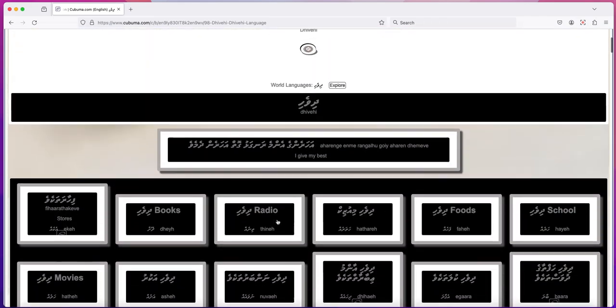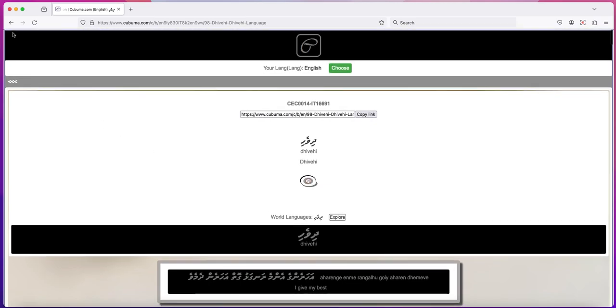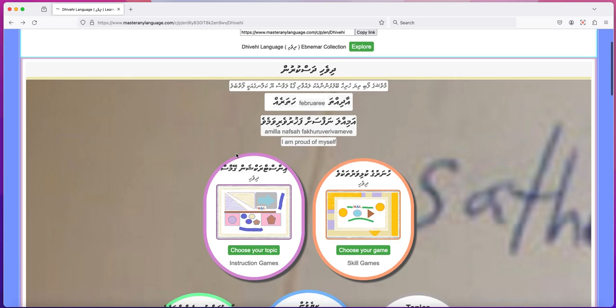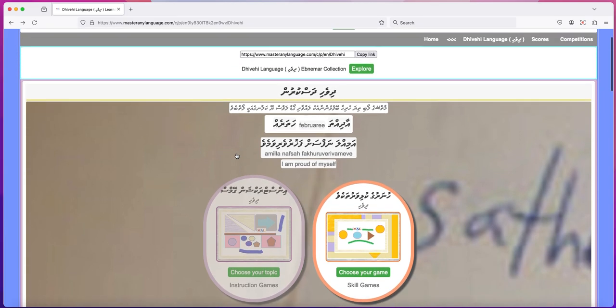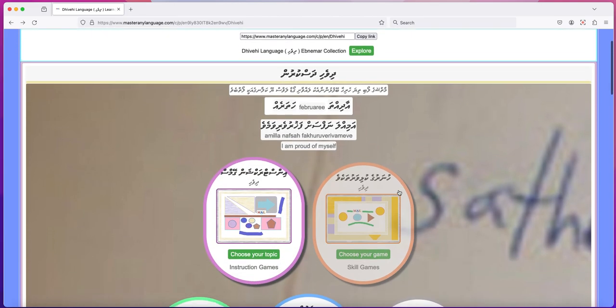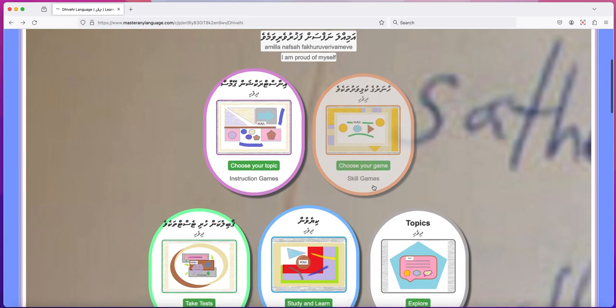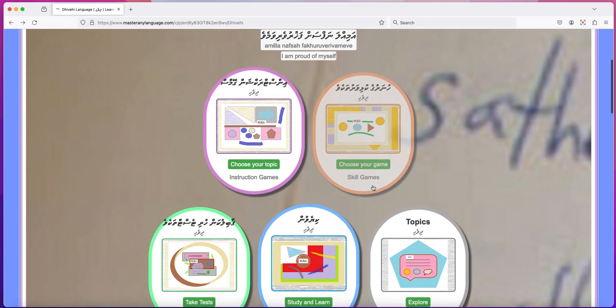But today I'm going to go back to the homepage. Today we're going to do the numbers practice game. Okay, and last thing before I click on that, again, this is for anyone. Maybe someone who's already Dhivehi speaking but cannot read and write, or needs to get better at it.